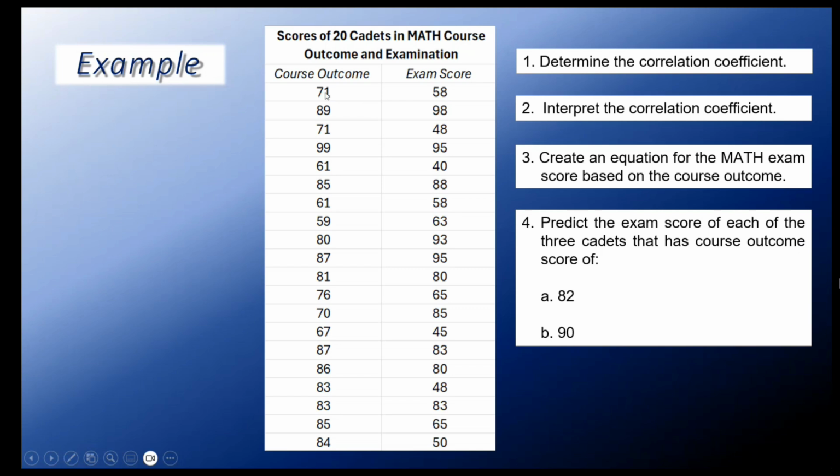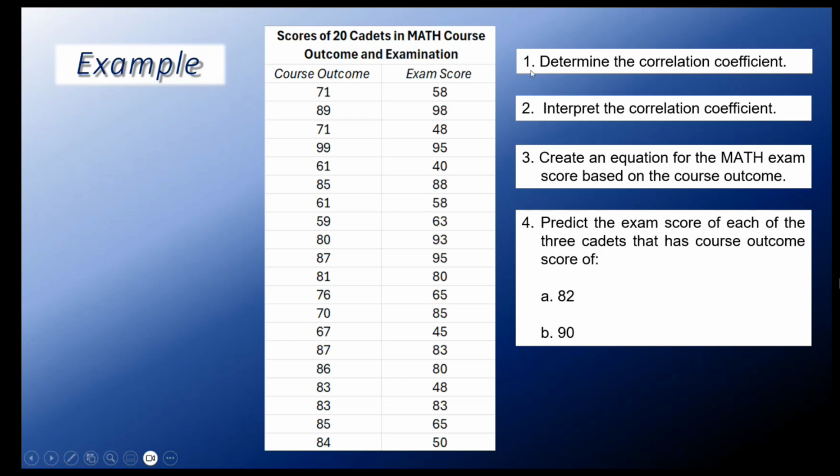If you can remember, I told you a while ago that there should be a pairing. For example, cadet number one's score in the course outcome is 71. Beside it is his exam score in the mathematics major exam, wherein he got 58. Okay, so on and so forth until cadet number 20.